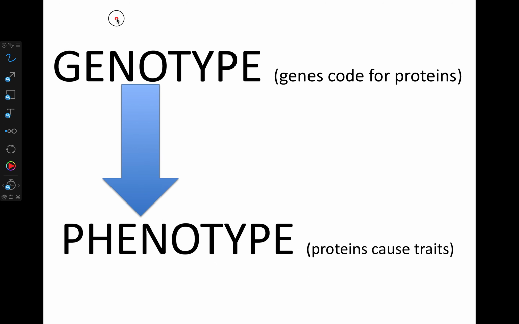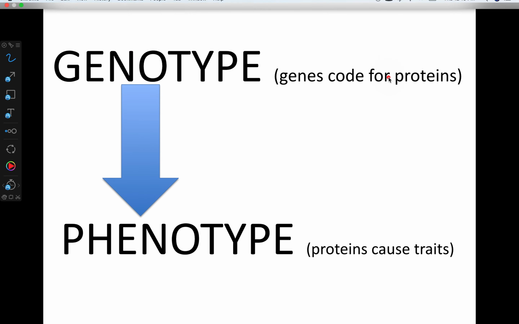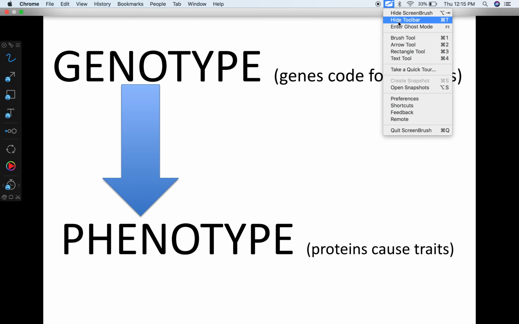So if your genotype is big B, little b, your phenotype would be brown eyes. If your genotype is little b, little b, your phenotype would be blue eyes. If your genotype is big B, big B, your phenotype is brown eyes. Is that making a little bit of sense, hopefully?